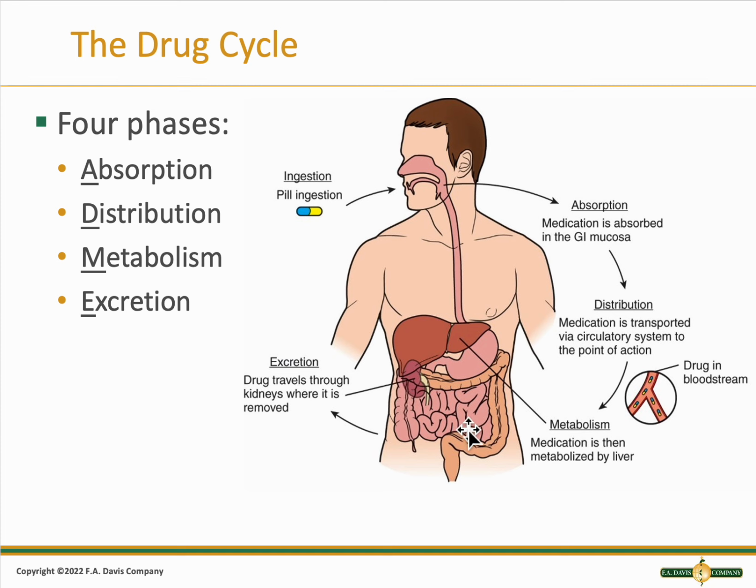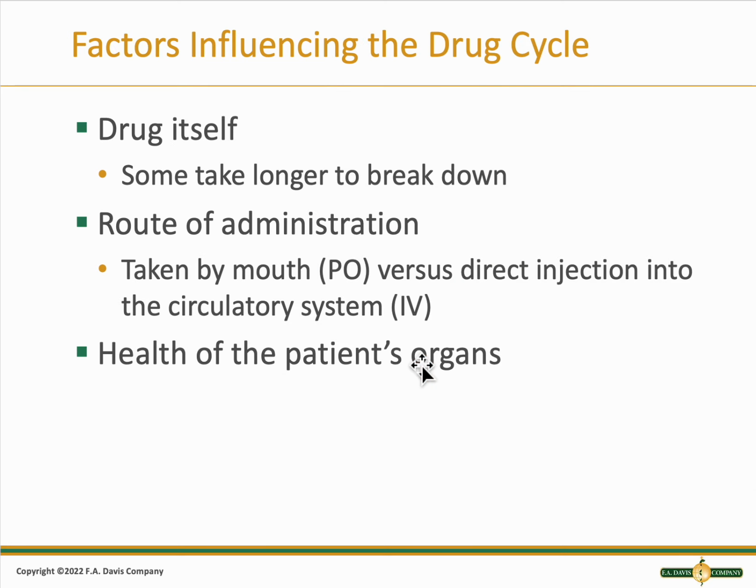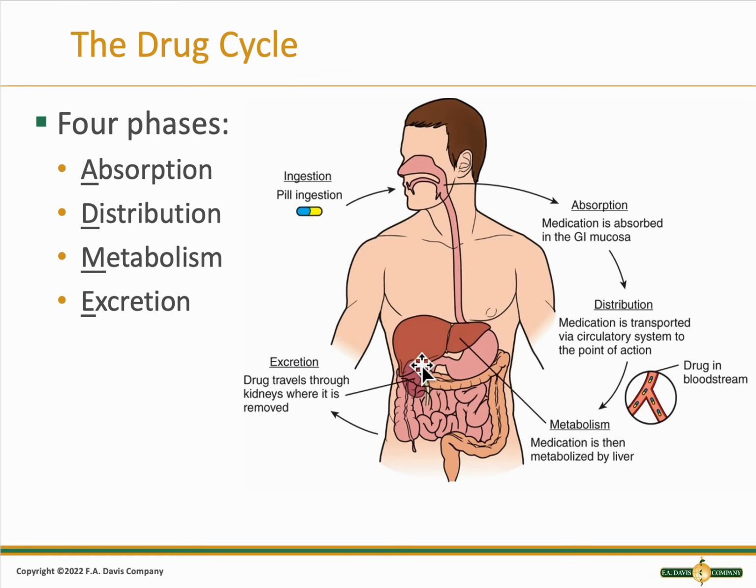Some drugs will sit in the blood for longer periods of time if the liver is slower at breaking them down into an inactive form, and that's important for dosing, meaning how often you have to take something.